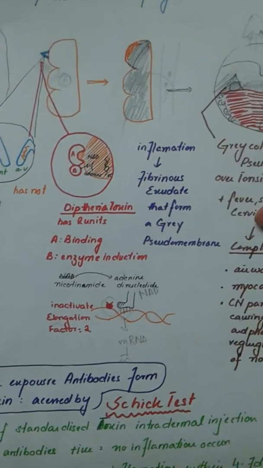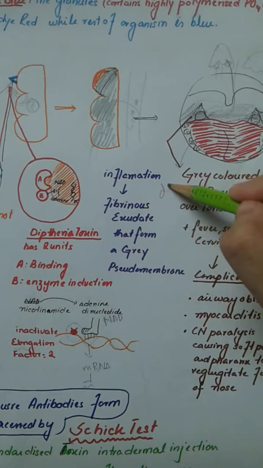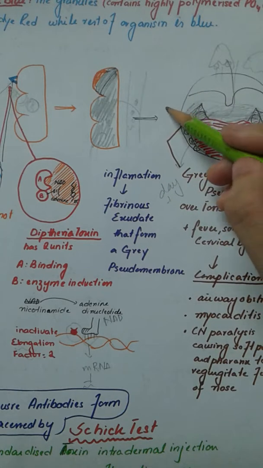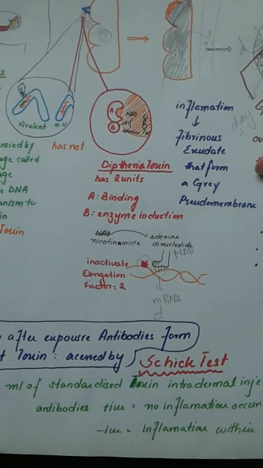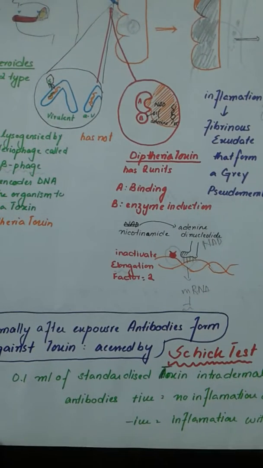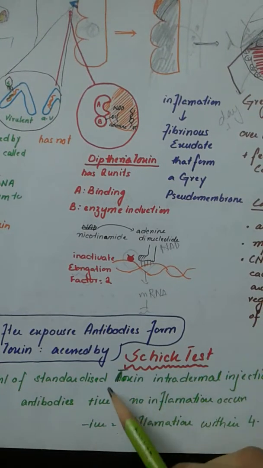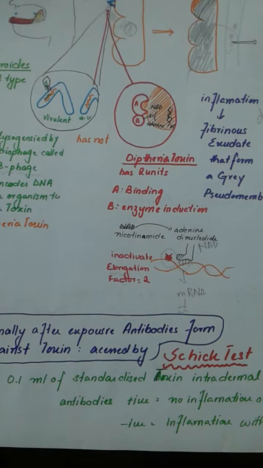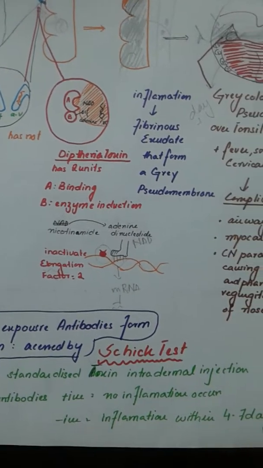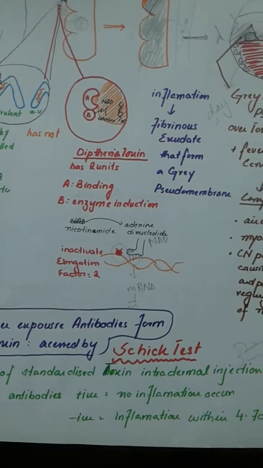Now, after a few days to weeks, antibodies are formed against this organism. The antibodies can be assessed by a test known as the Schick test. In the Schick test, we give 0.5 ml of standardized toxin intradermally under the dermis.